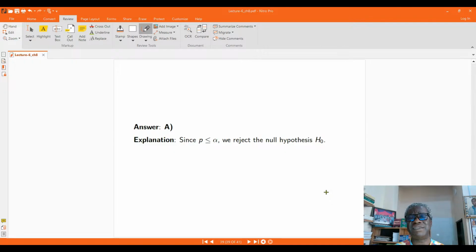It summarizes the evidence in your data. And if the p-value is less than or equal to alpha, it simply means that the evidence in the data does not support the claim in the null hypothesis.